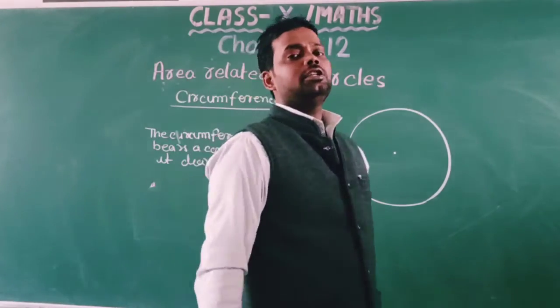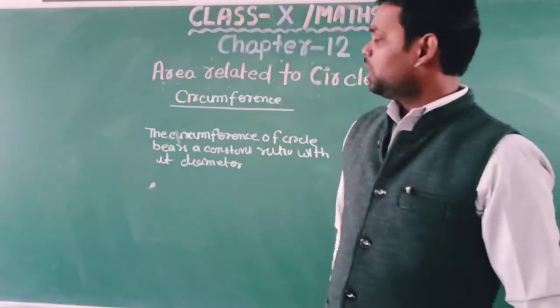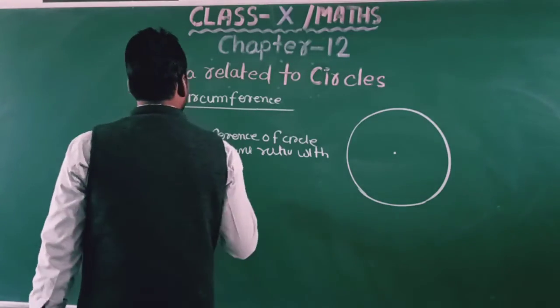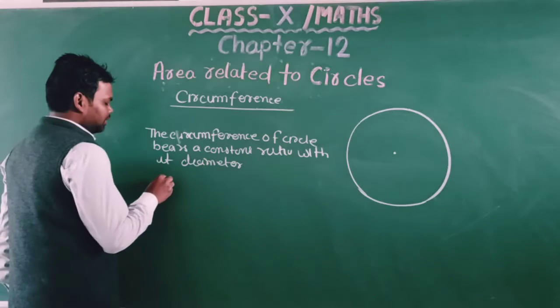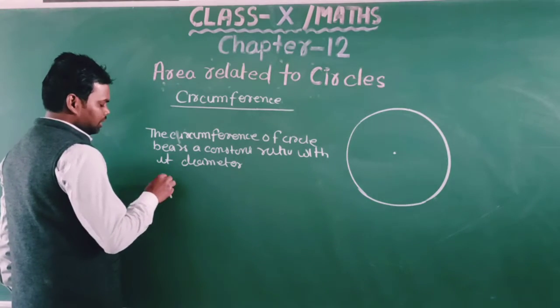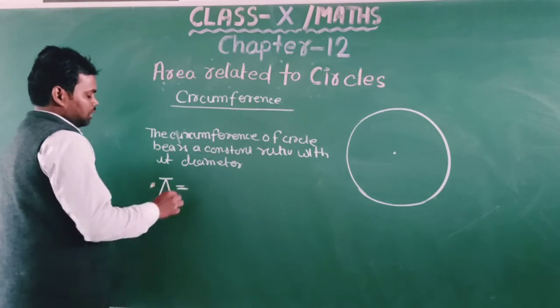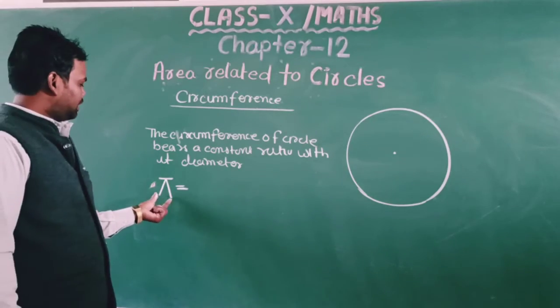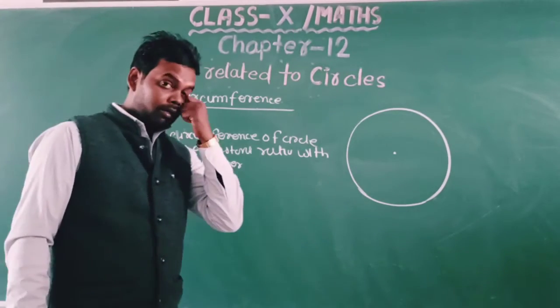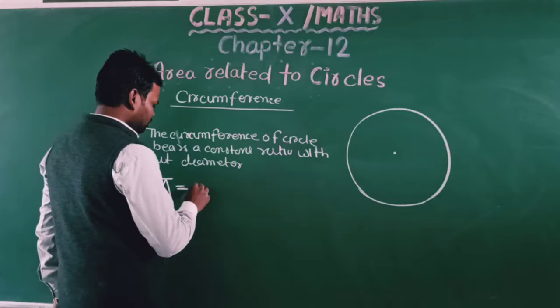The constant ratio is denoted by a Greek letter. The name of this Greek letter is pi.